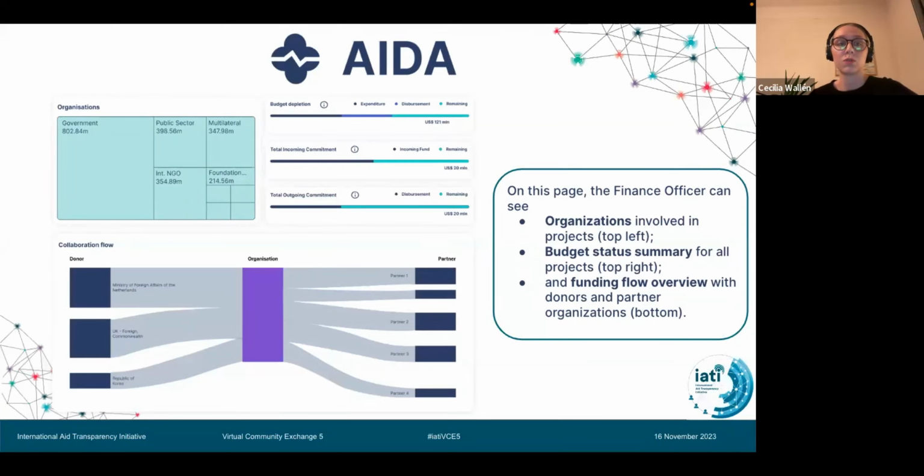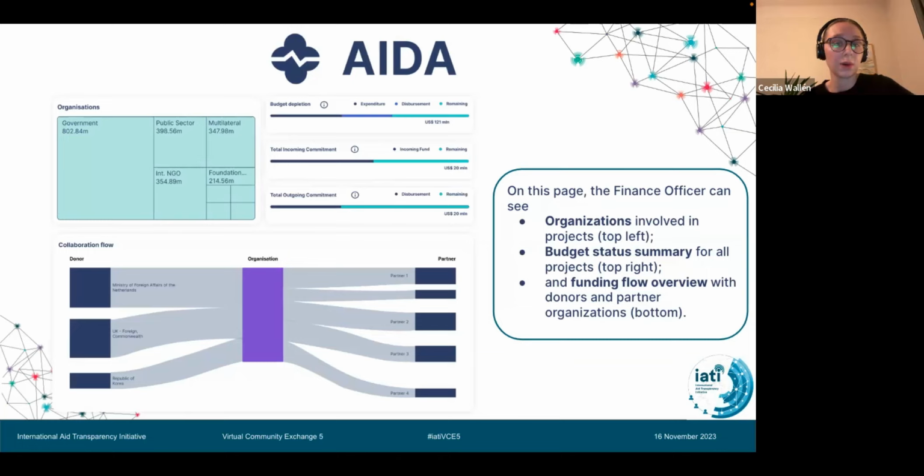It would also be possible to show a summary of the budget status for all projects, so we can consolidate all of that data and show what the budget depletion per year currently is, and what's left to deplete.